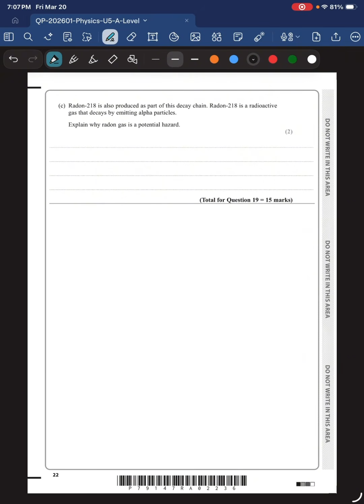Part C, radon-218 is also produced as part of this decay chain. Radon-218 is a radioactive gas that decays by emitting alpha particles. Explain why radon gas is a potential hazard. So the problem is that alphas are highly ionizing, especially if inhaled.